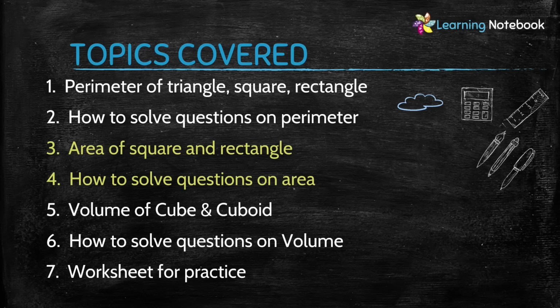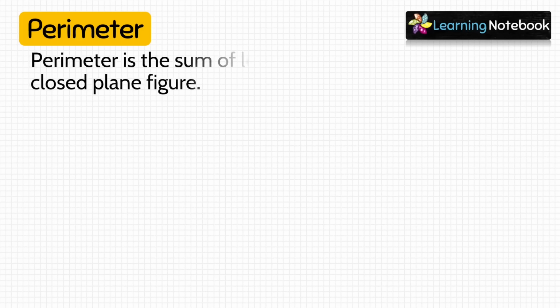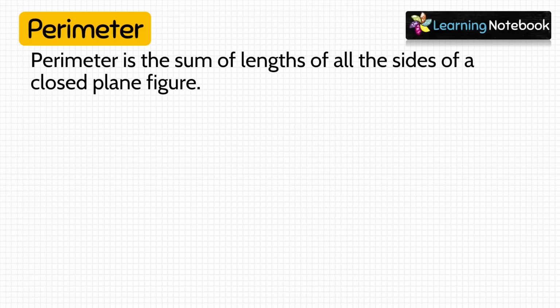So let's start and first understand what is perimeter. Students, first of all, do remember that perimeter is the boundary of the closed figures. Perimeter is also the sum of lengths of all the sides of a closed plane figure.